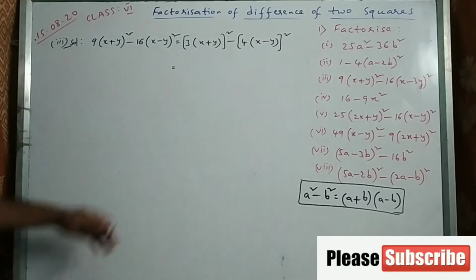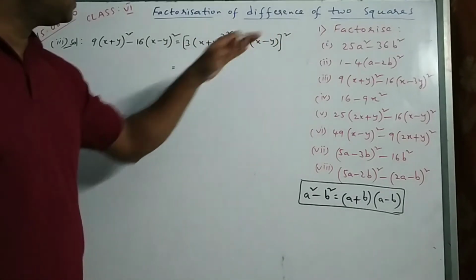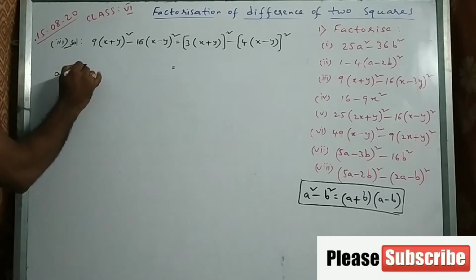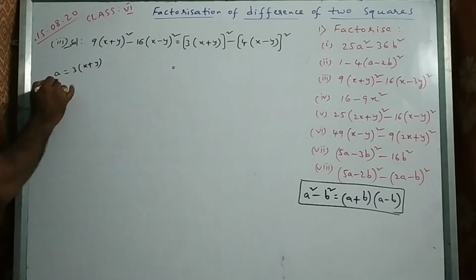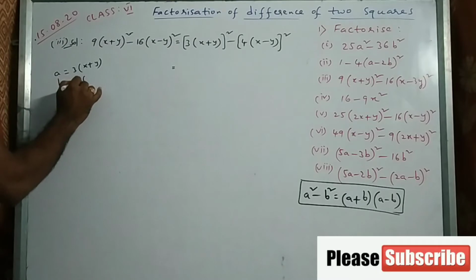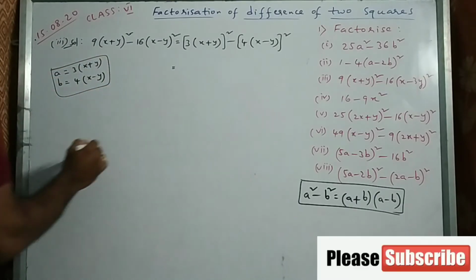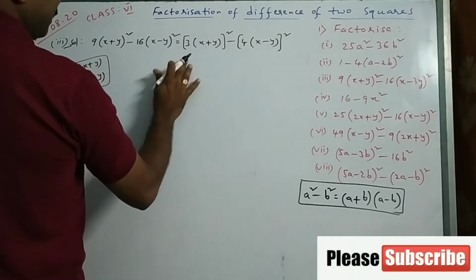Right? Looks like a square minus b square. So what is the value of a here? 3 into x plus y. What is the value of b? 4 into x minus y. So this is the values. So I can write a plus b into a minus b.